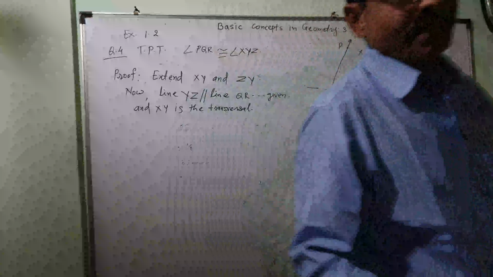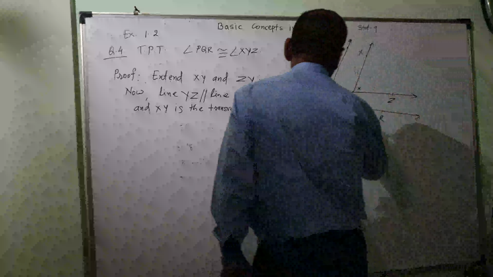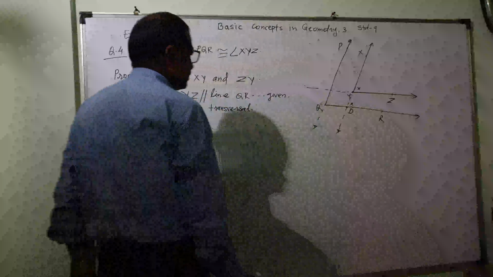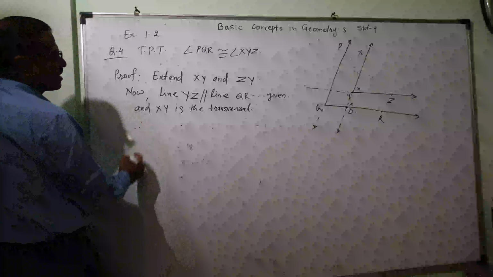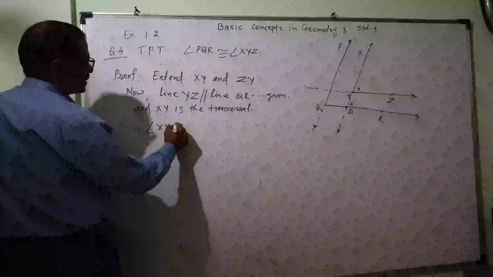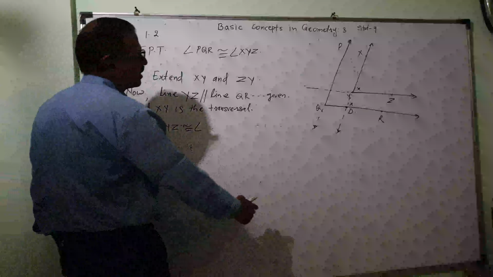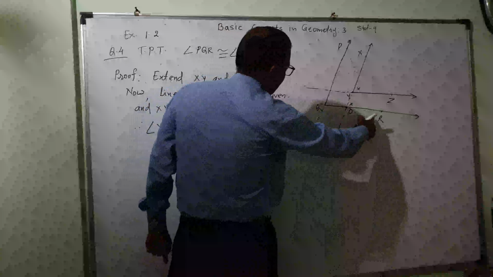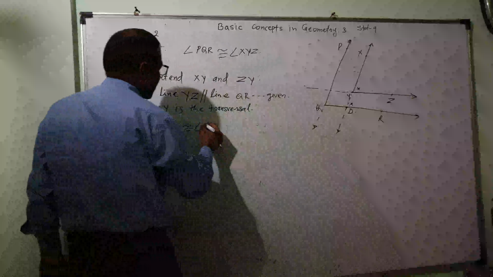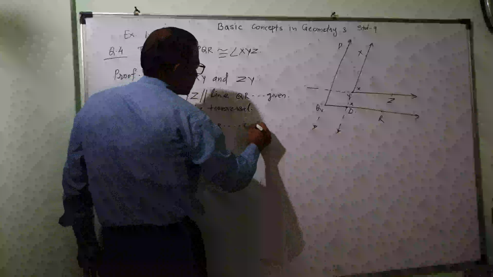I hope you understand this. So if this is the transversal, I will name this point D. Therefore, angle XYZ is congruent to angle XDR. The reason is corresponding angles.